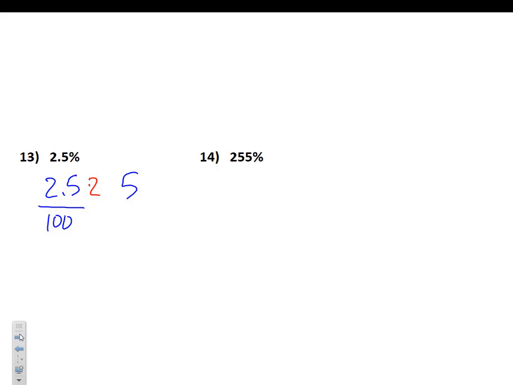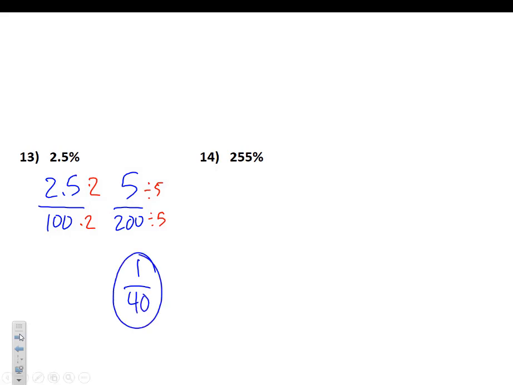So if I multiply 100 by 2, I get 200. So now I can take that and it's much easier to simplify. And of course I would divide by 5 and I'd get a final answer of 1/40 as my fraction in simplest form.